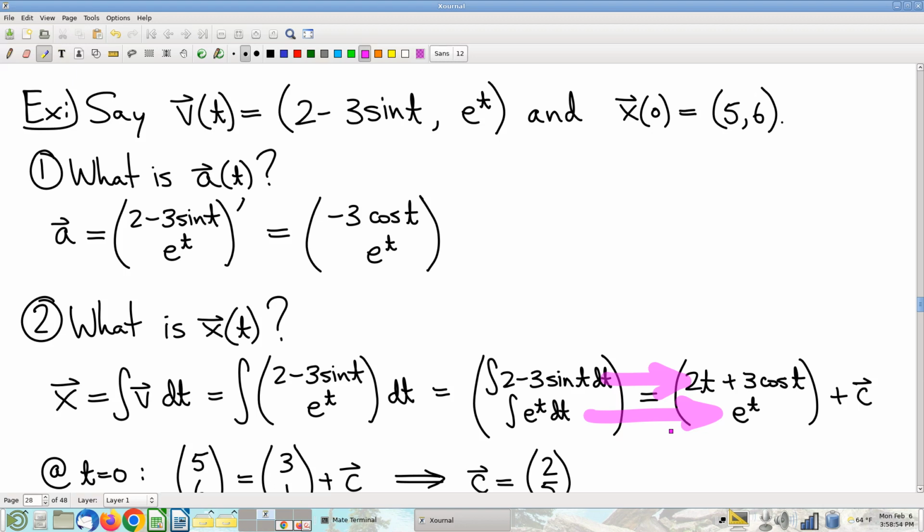So make sure you're good at the standard antiderivative functions you just have to know, like the antiderivative of secant squared, right? You just have to remember that that's tan, right? Make sure you're good with the integration by parts, and make sure you're good at substitutions.